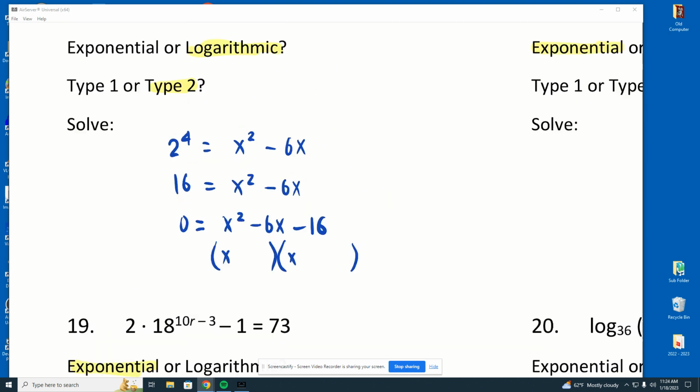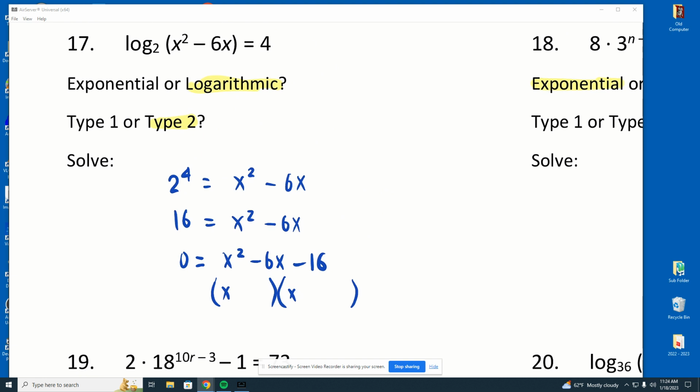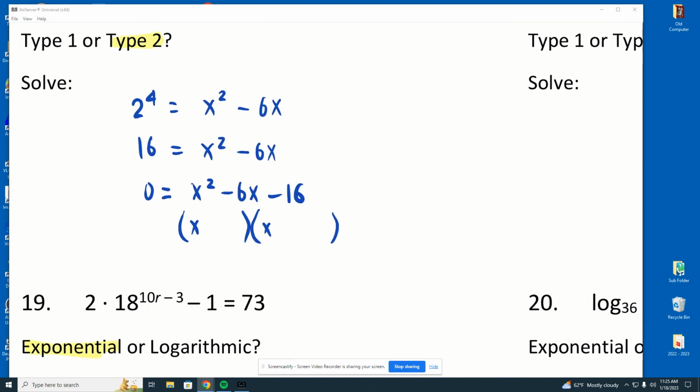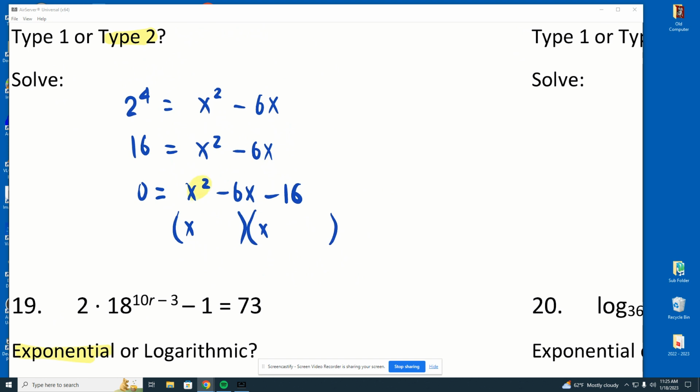So with this problem, like I talked about in some previous ones, because its log equals a number, we rewrote it as an exponent. And you can see the work there, 2 to the 4th power equals x squared minus 6x. Because there's an x squared and an x, I can't just solve for x, I've got to solve by factoring. So remember, to multiply to get x squared, you've got x times x.